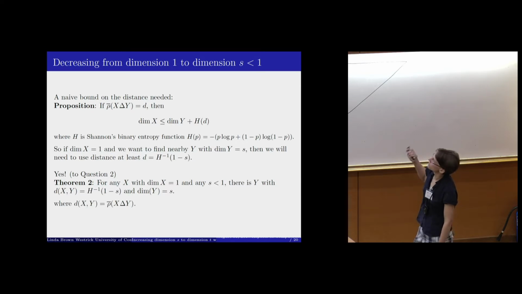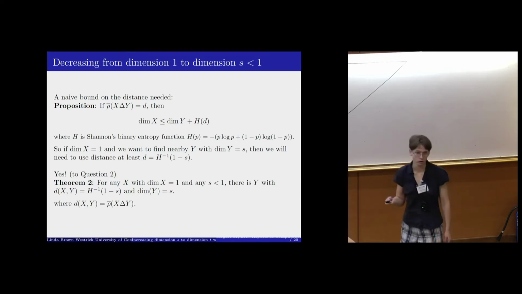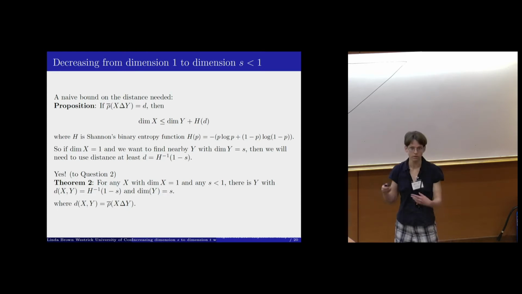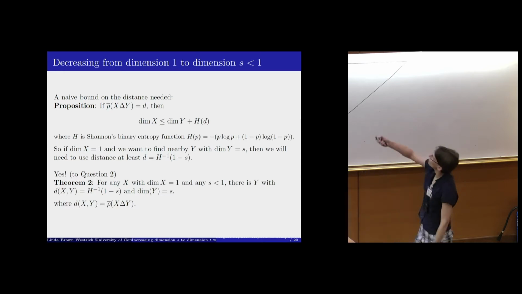And this distance gives us a better bound than on the previous slide, where we started with dimension 1 and dropped to dimension 1/2 using density 1/4 of bits, so 25%. But using this function, you can actually do it with some 10% of changes.